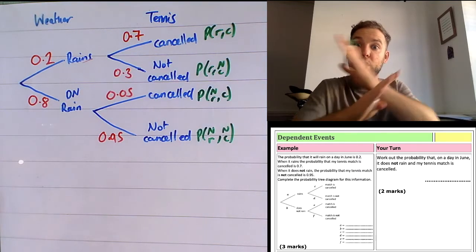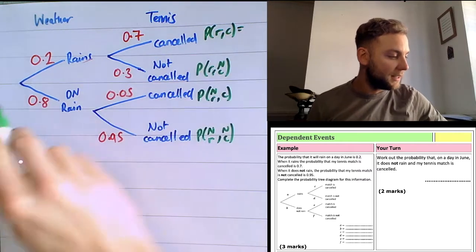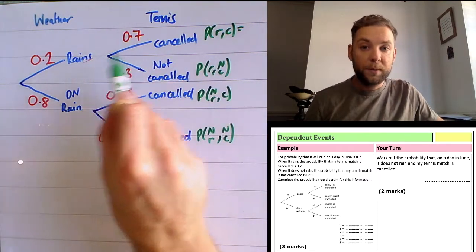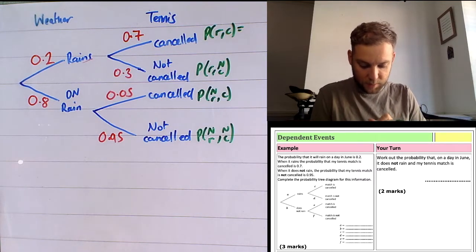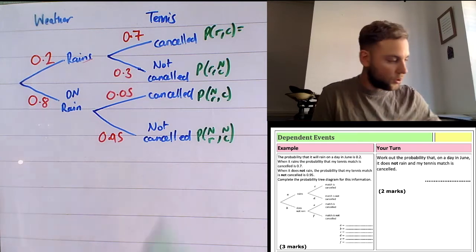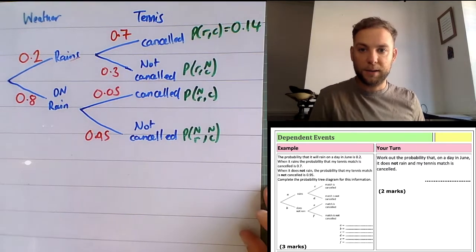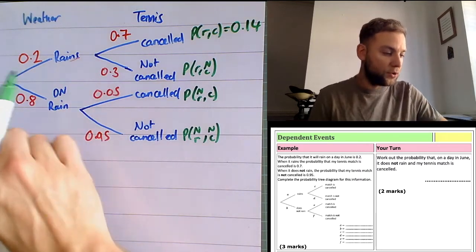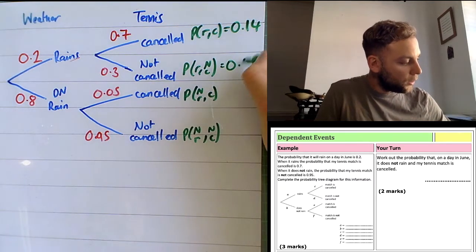Let's have a look at all of those. Now remember, when we're going across, we multiply. So the probability that it rains and it's cancelled is equal to 0.2 times 0.7, which is equal to 0.14. The probability that it rains and it's not cancelled is 0.2 times 0.3, which is equal to 0.06.